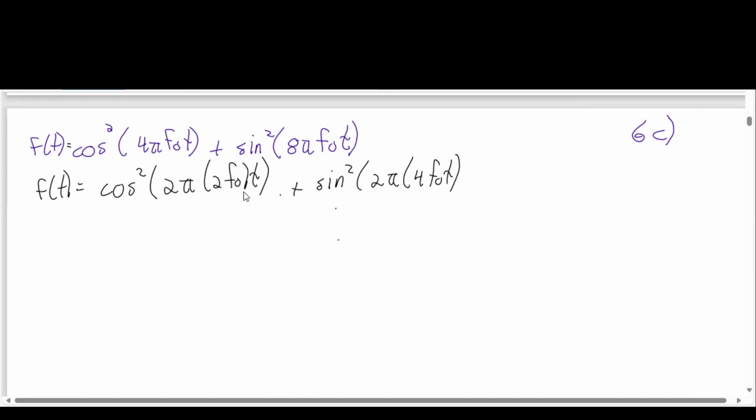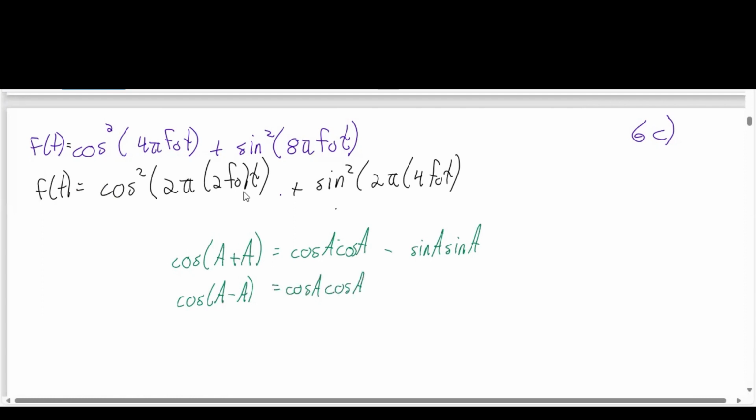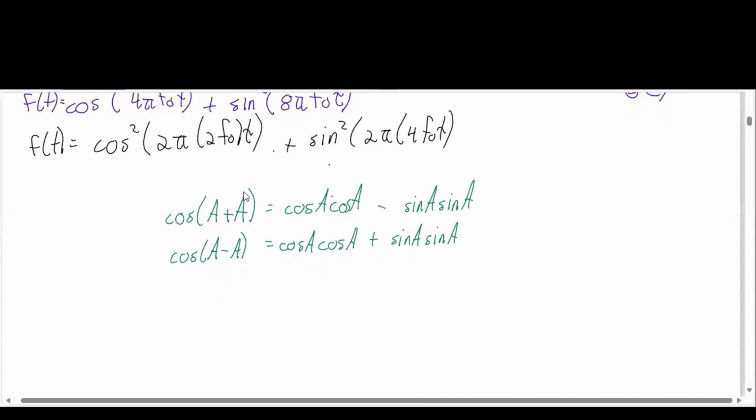How that will look: cos of A plus B is cos A cos B minus sine A sine B. And then cos of A minus B is cos A cos B, and when it's minus it's a plus, sine A sine B. Obviously we could write this in a way that's easier to see.